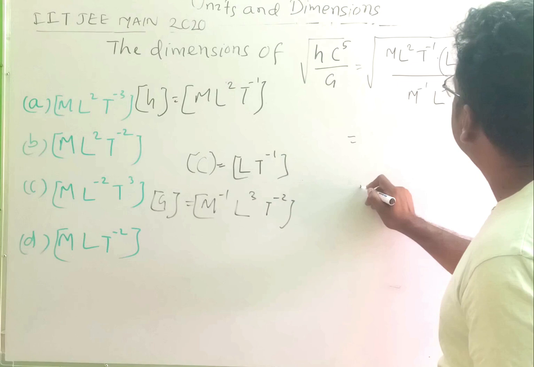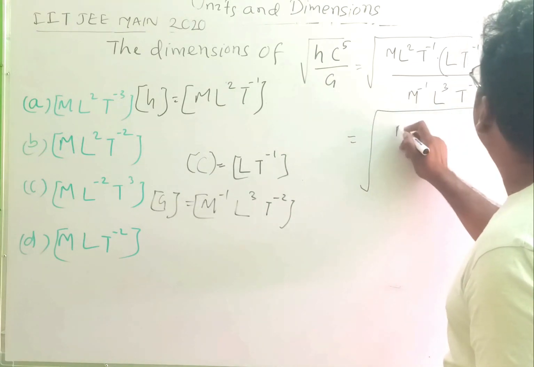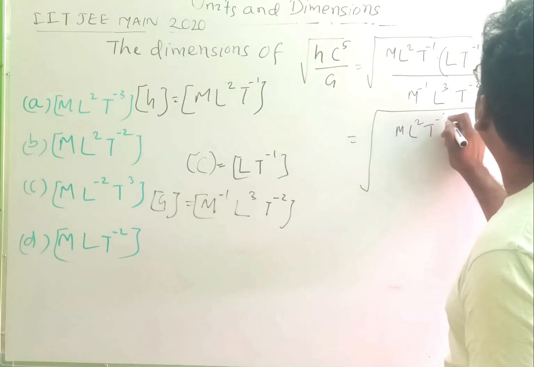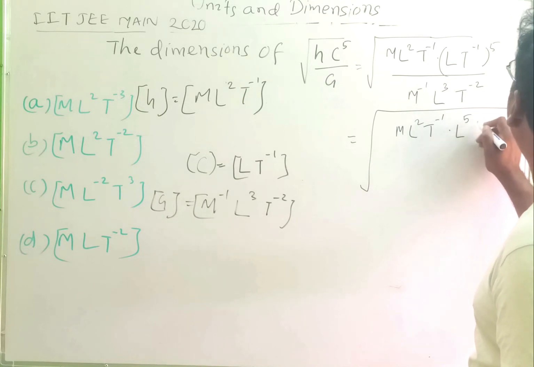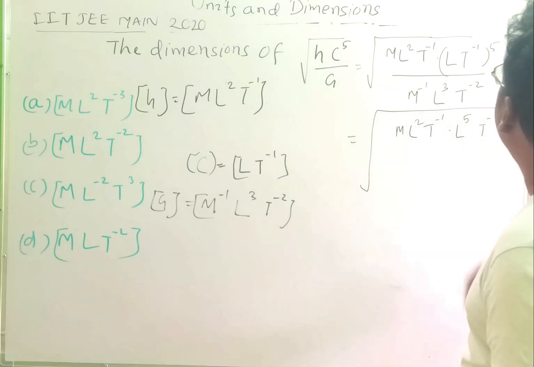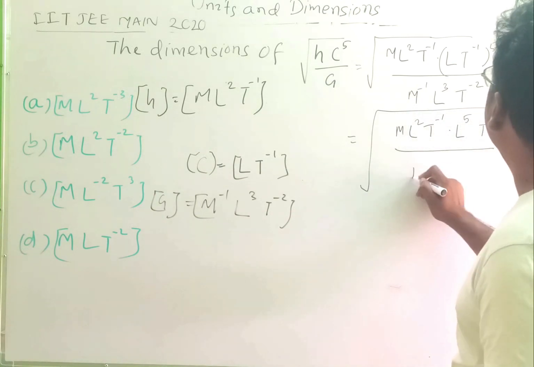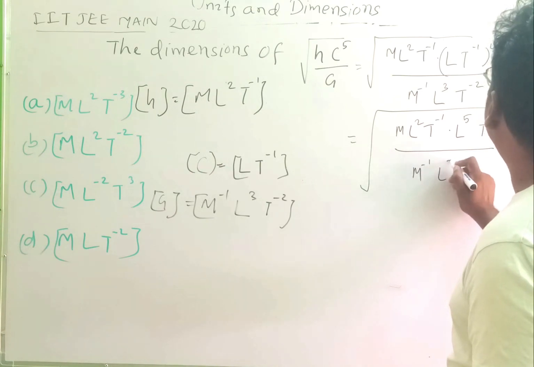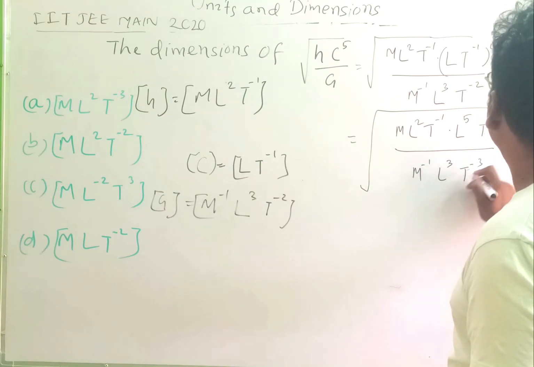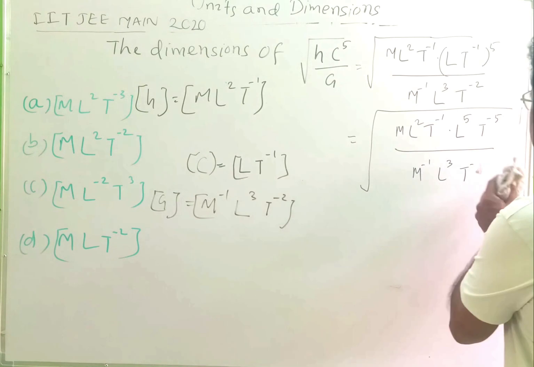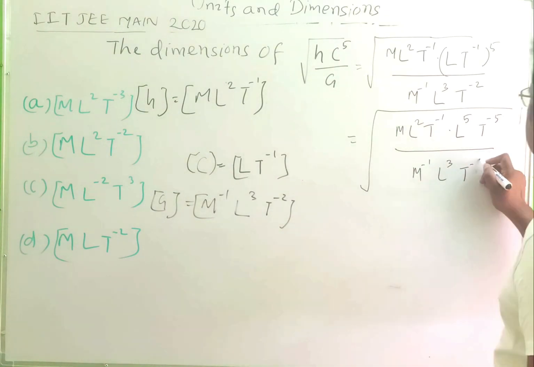This becomes square root of ML^2 T^-1 into L^5 T^-5 divided by M^-1 L^3 T^-2.